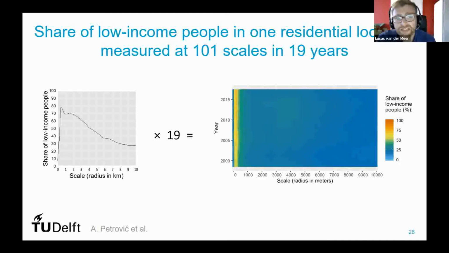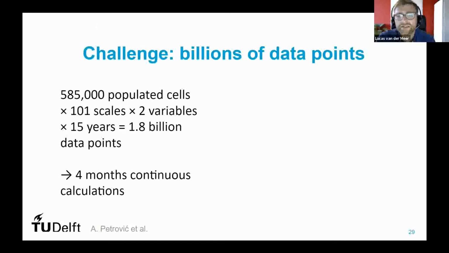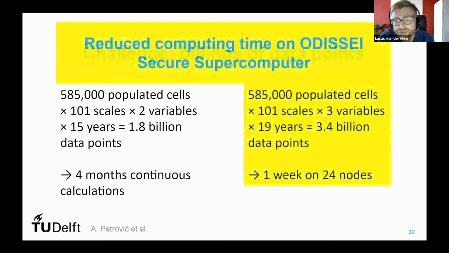And this helps policymakers in understanding the effect of spatial inequality on individual socioeconomic status. So going back to her 4 months of continuous calculations on the ODISSEI Secure supercomputer, we managed to reduce that time to just 1 week using 24 compute nodes.